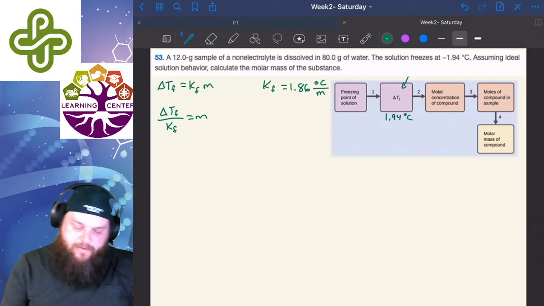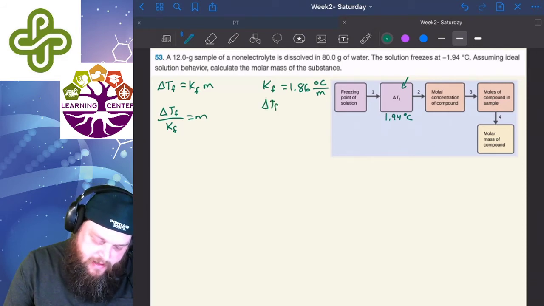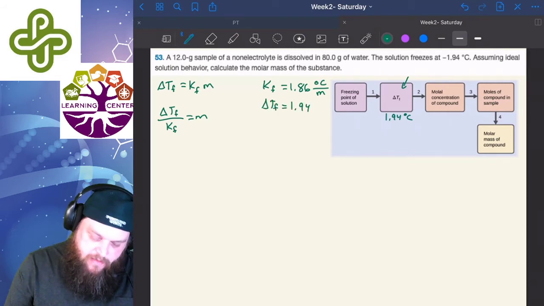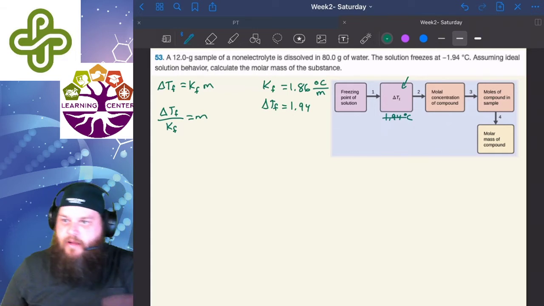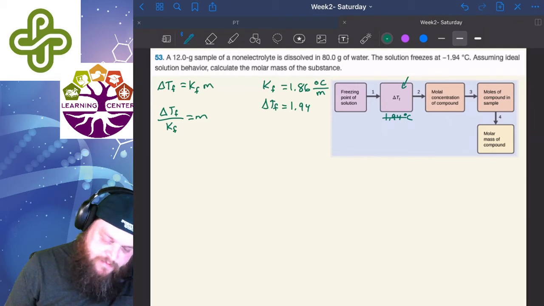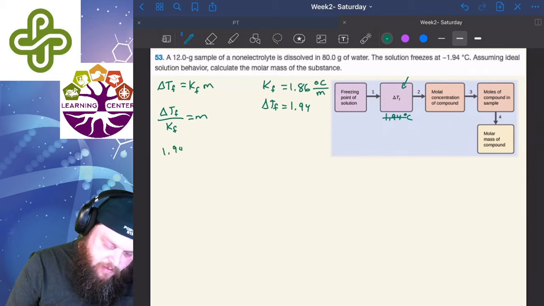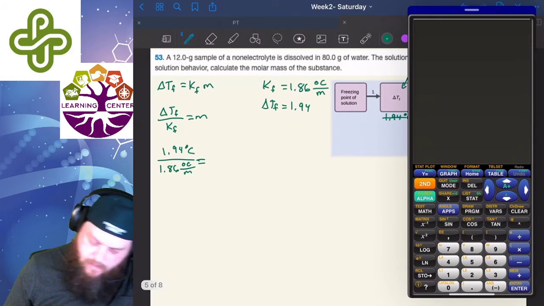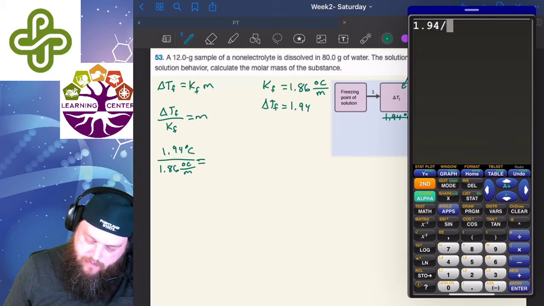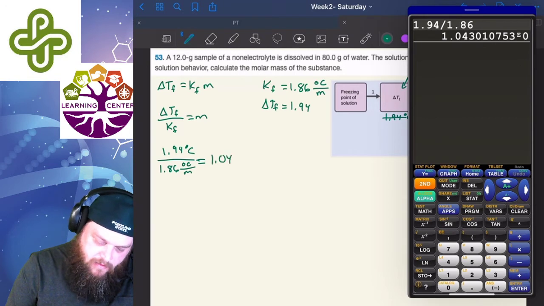I'll put my delta Tf is equal to 1.94 here. Now that we have those, we can solve for molal. That's 1.94 degrees Celsius divided by 1.86 degrees Celsius per molal. 1.94 divided by 1.86 leaves us with 1.04 molal.